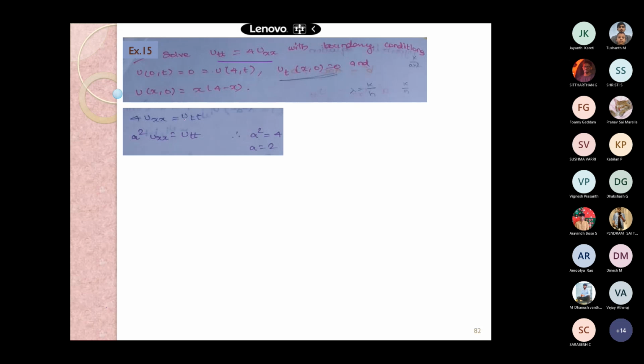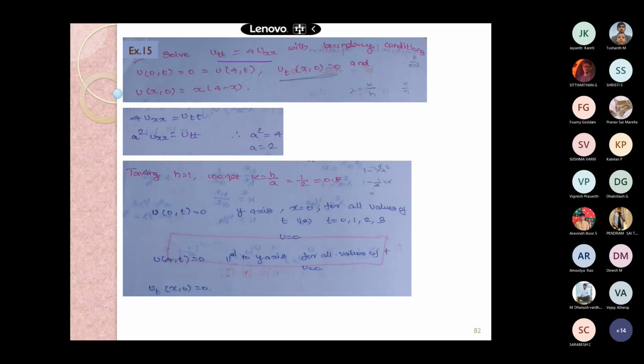We need to rearrange the formula. The term associated with UXX has to be taken as A square. A square UXX is equal to UTT, or A square UXX minus UTT is equal to 0. That is the basic physical phenomenon. Therefore A square is equal to 4, so A is equal to 2, taking h is equal to 1.